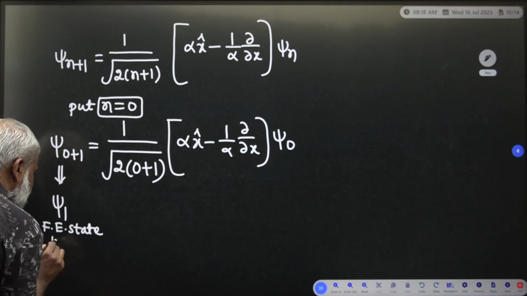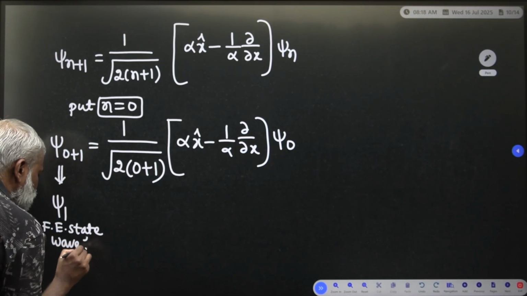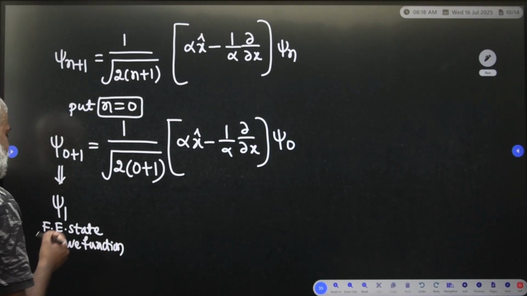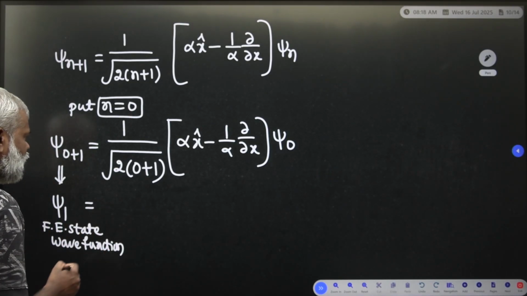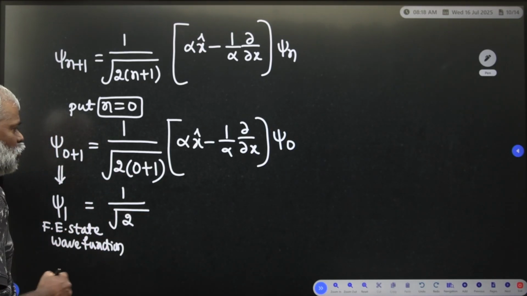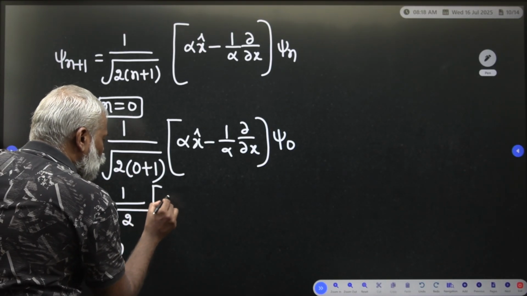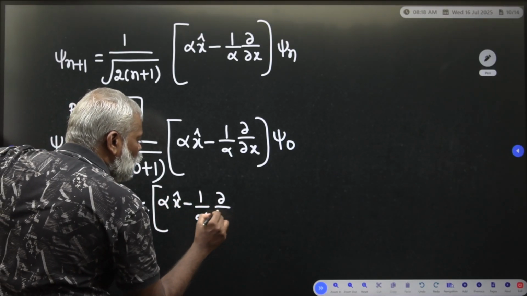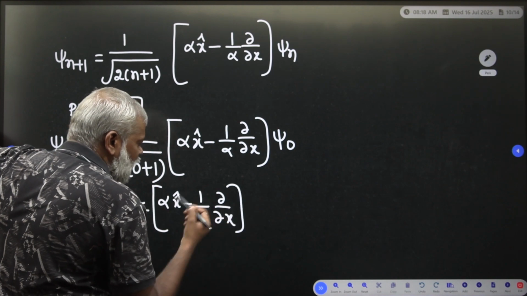First excited state wave function, we are going to write it as psi 1, is equal to 1 by square root of 2 into alpha into x cap minus 1 by alpha into dou by dou x of psi 0.